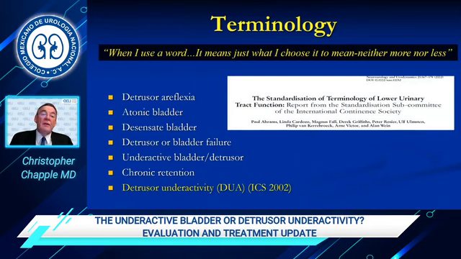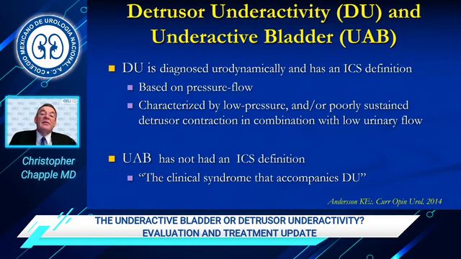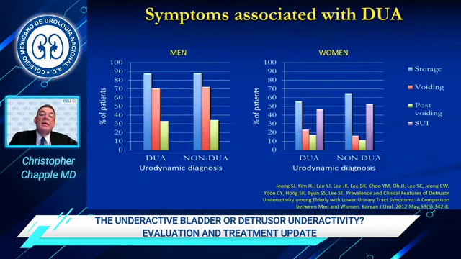In Mexico, for instance, you may have somebody talking about detrusor areflexia, atonic bladder. You may talk about desensate bladder, chronic retention, detrusor underactivity, which is the preferred term by the ICS. And this is a urodynamic diagnosis. But what about underactive bladder, which is the other side of the coin to overactive bladder?